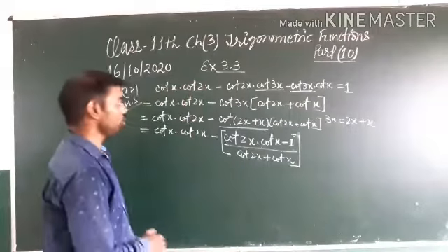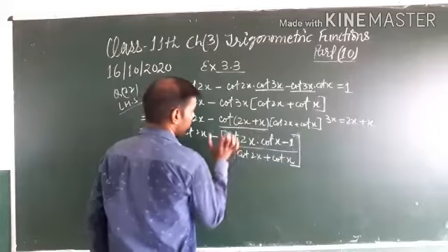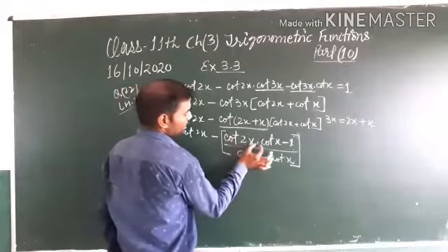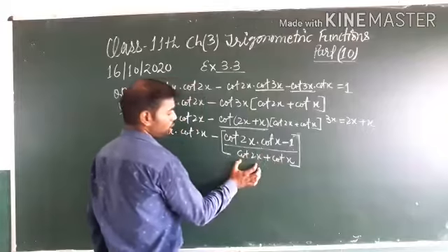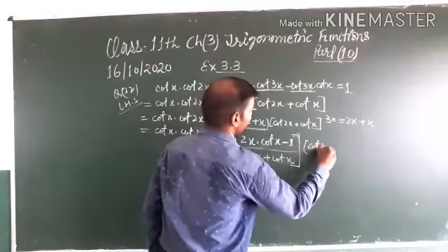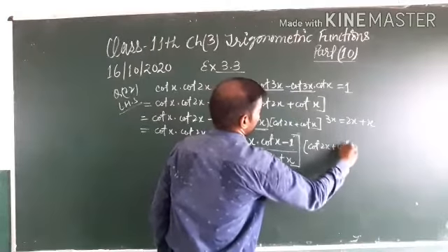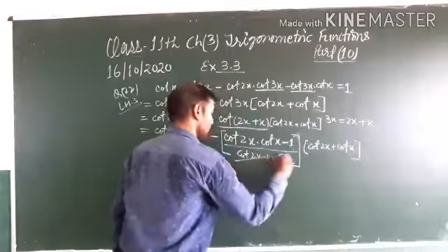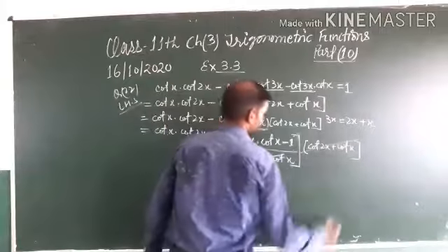So we use this identity: cot 3x is cot 2x into cot x minus 1 upon cot 2x plus cot x, into (cot 2x plus cot x). Here the denominator part cancels with this numerator part.